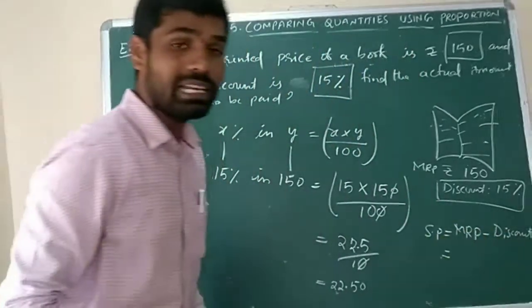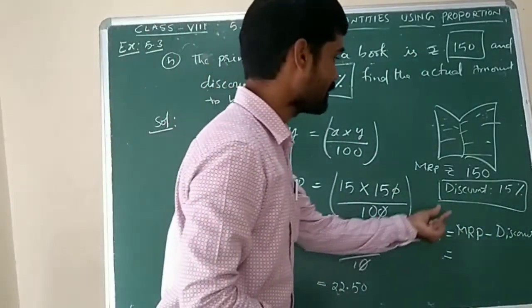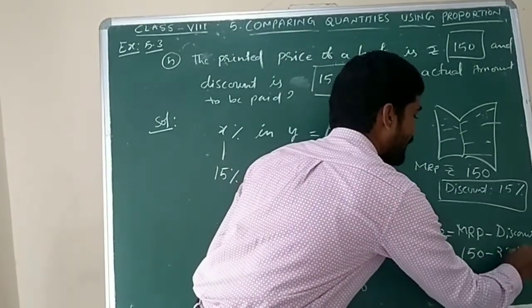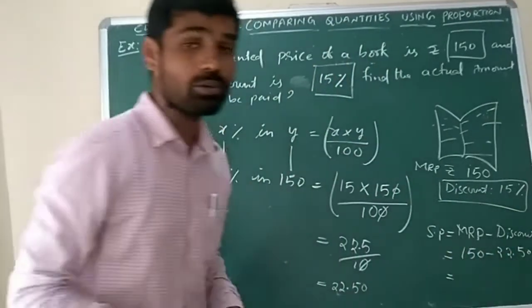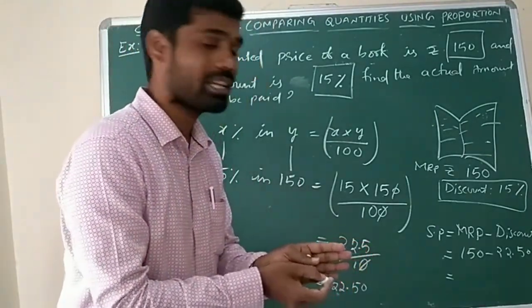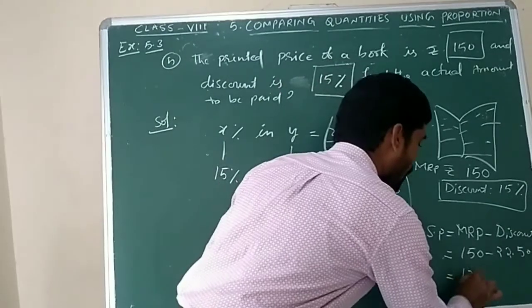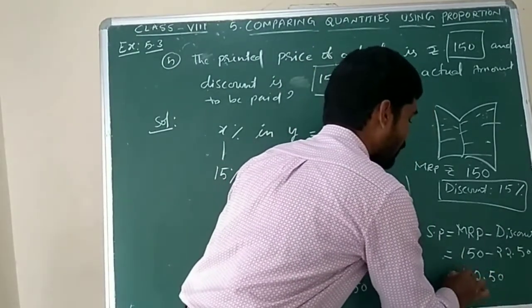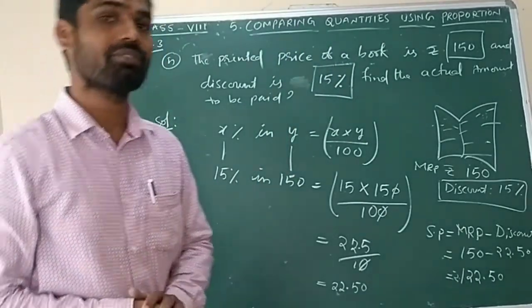So the selling price is 150 MRP minus 22.50 paise that we have to subtract. So 150 minus 22.50 is, the answer is 122.50 paise. Therefore 122 rupees 50 paise.